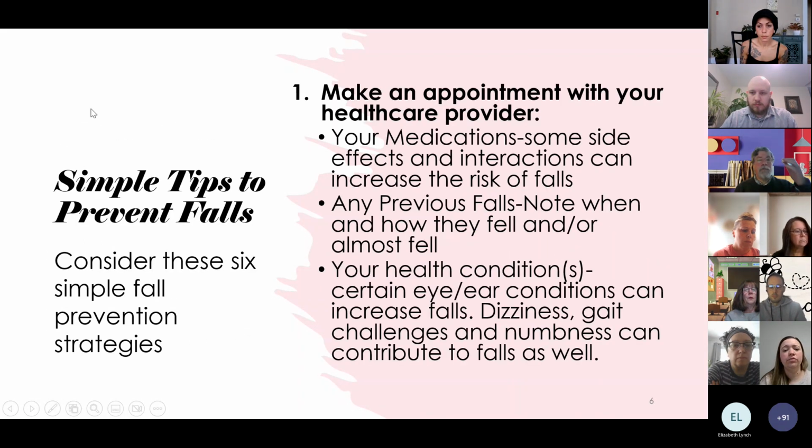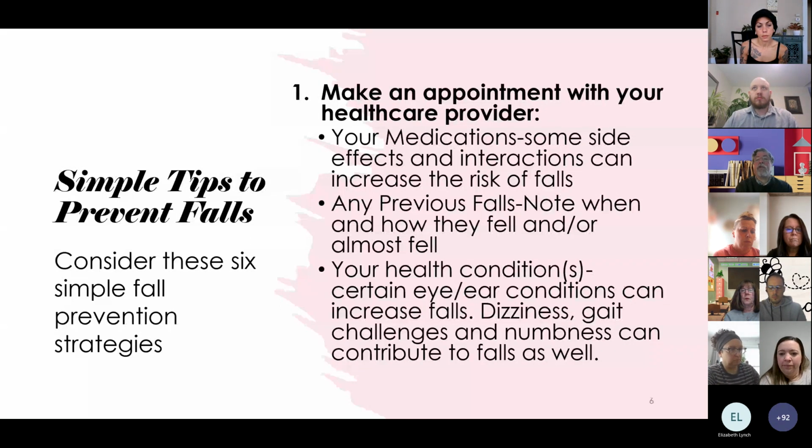So here are some simple things that we can do to prevent falls. The first one is to make sure that the person's had an appointment with their healthcare provider. We want the healthcare provider, with our assistance if we can, to take a look at medications. Some medications have side effects that increase the risk of falls.